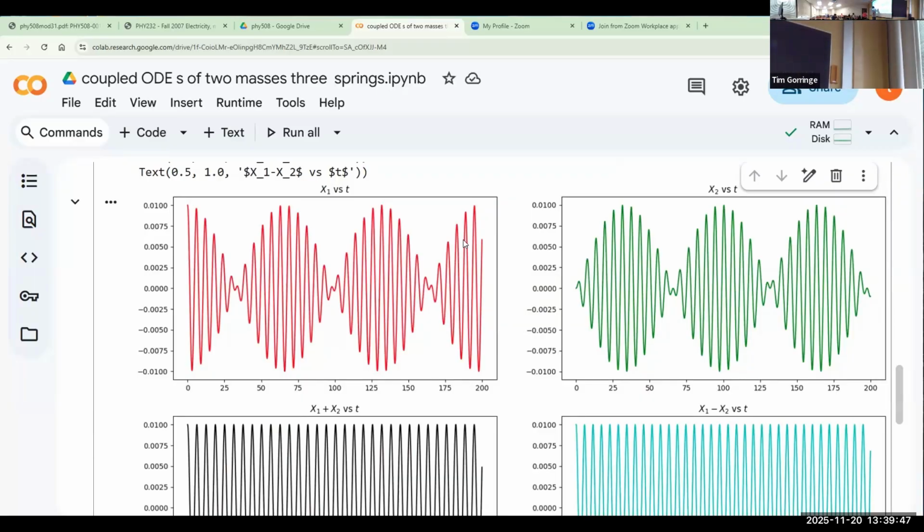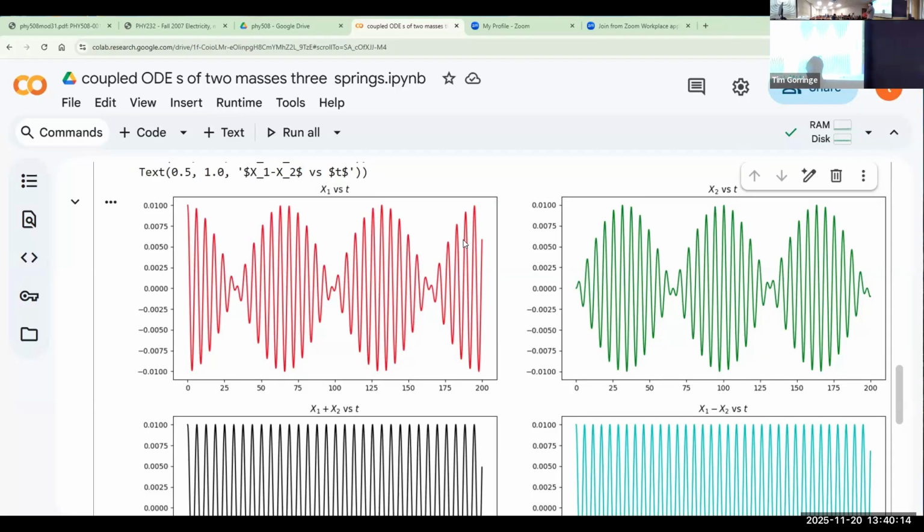This is how we're starting this arrangement with the weak coupling central spring. I start with an amplitude of 1 for the mass on the left, the red plot. We start with 0 amplitude for the second mass, on the right, the green plot.